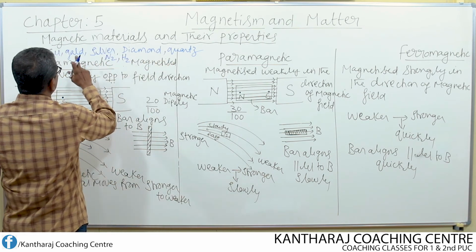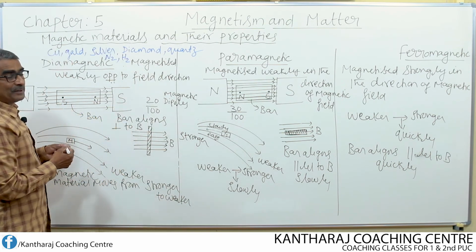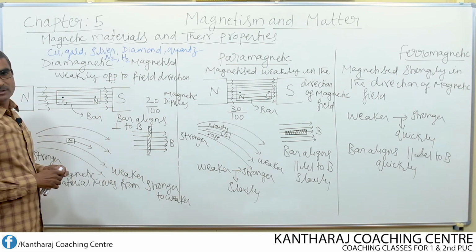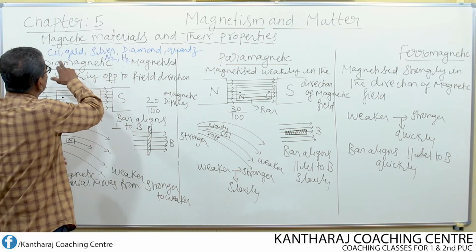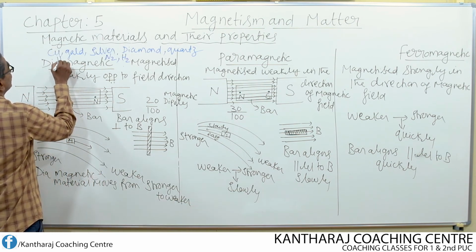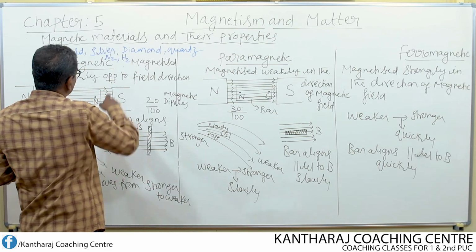Diamond, quartz, copper, gold, silver: all these are examples for the diamagnetic material. Too many examples we can give, so let us give copper, gold, silver. We can even consider mercury, Hg, as an example for this diamagnetic material.